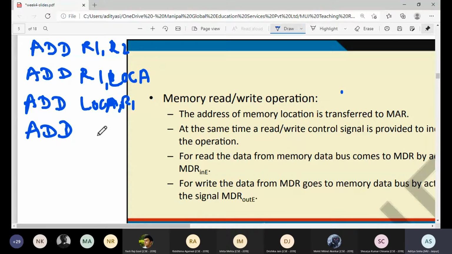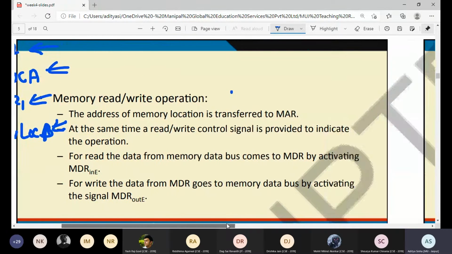What is the fourth example? LOCA1, LOCA2. Okay. So hopefully you have made the data paths for all these four examples. It will make things very clear for you for these control signals.